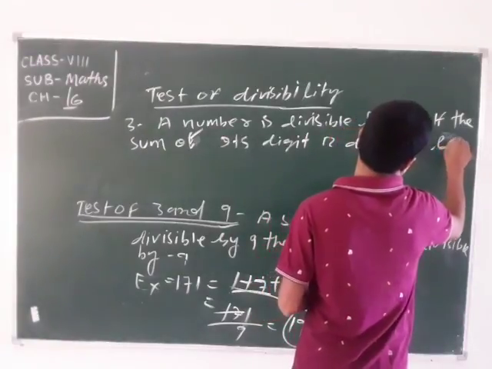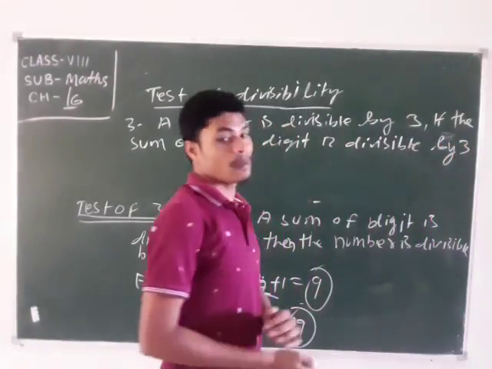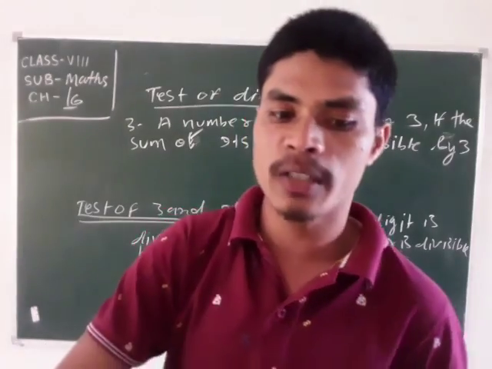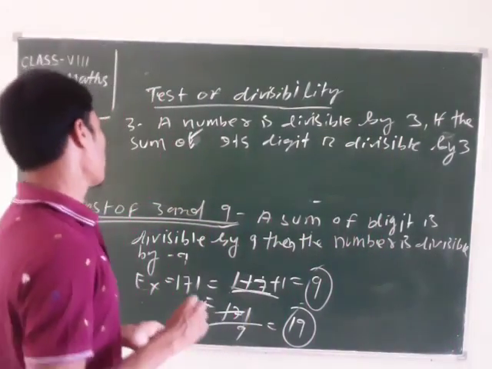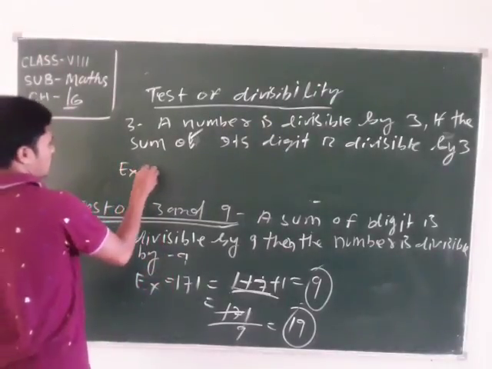If any number is given and the sum of its digits is divisible by 3, then we can say the number is divisible by 3.